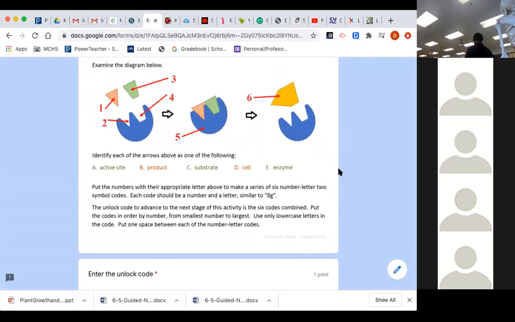Let me give you a hint for this one. Number 1, my first hint: there is one term that you will not use. There are 2 terms that you will use twice.